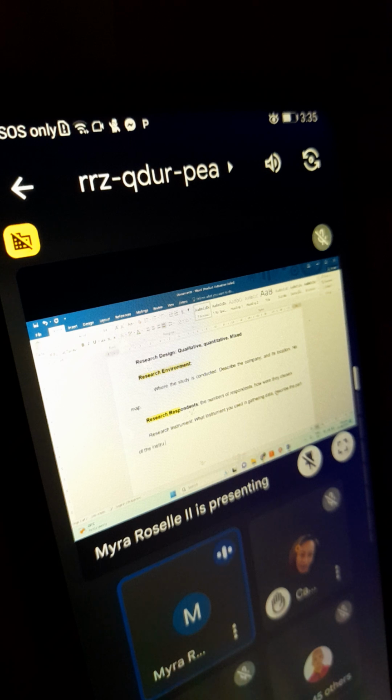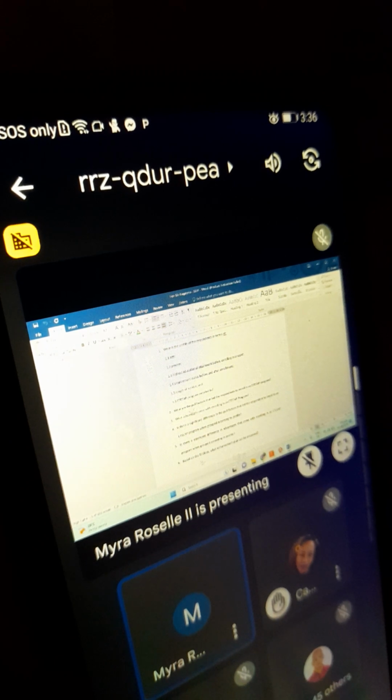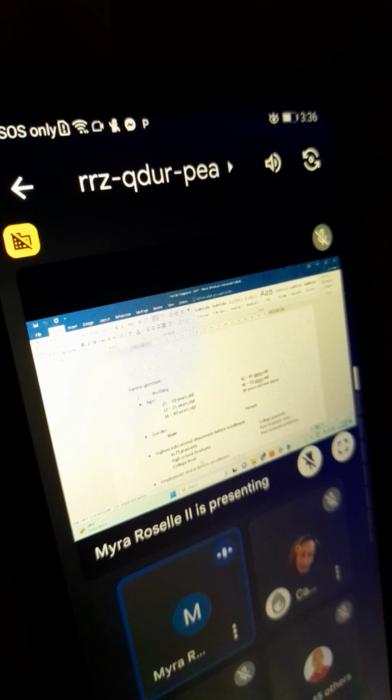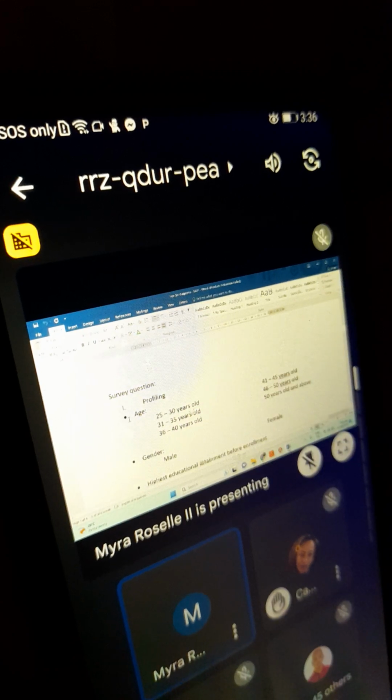For example, if this is my research instrument, the first part is profiling.